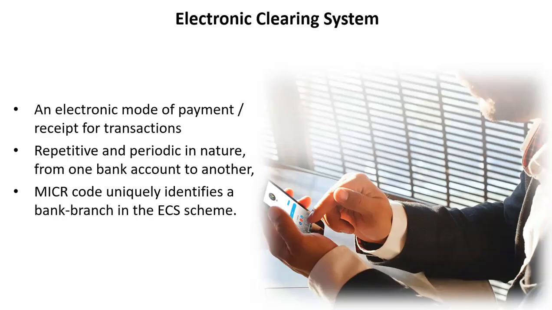A sorting machine in clearing identifies from this 9-digit code to which bank and branch the check belongs. Customer mandate has to be obtained. If you have taken a loan, you give an ECS mandate: please debit my account on so and so date and credit my loan account taken from so and so loan provider or lender. So this is between two different financial institutions.